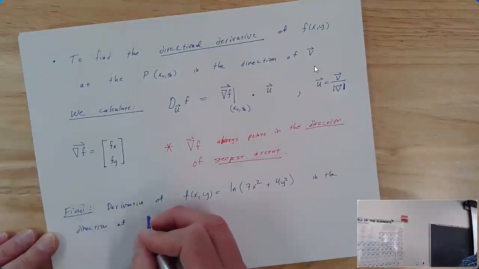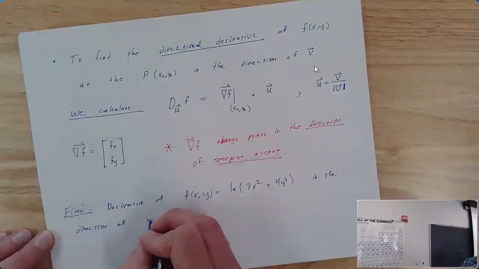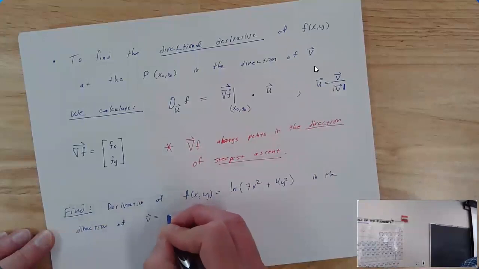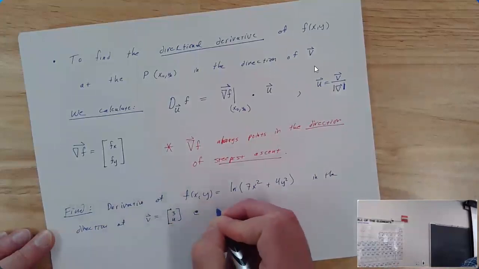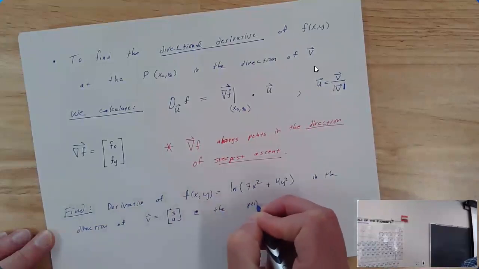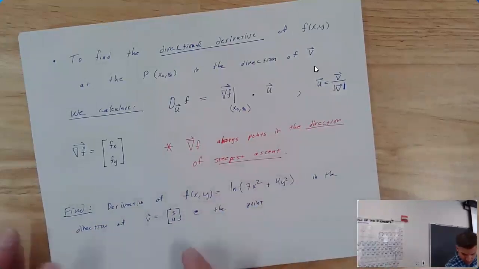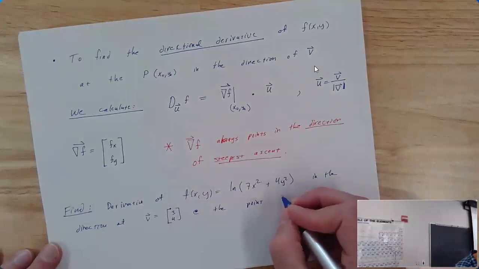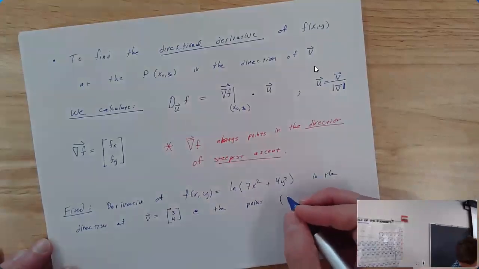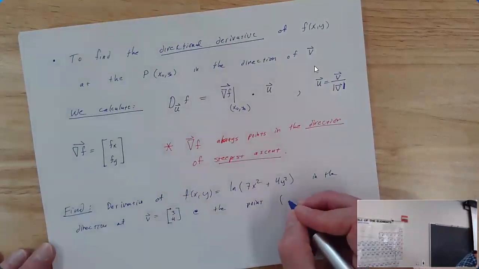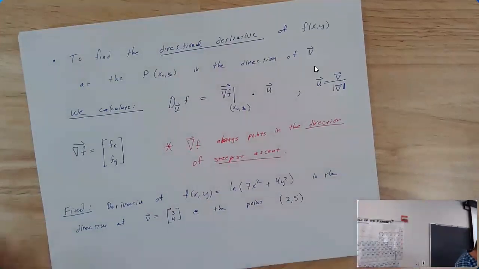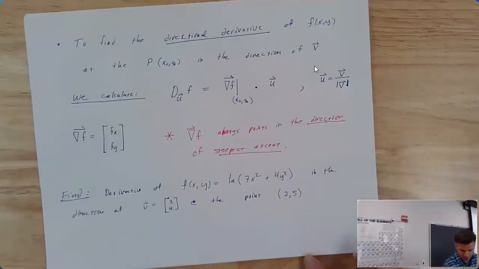Let's make it nice and easy. We'll say v is the vector 3, 4 at the point 2, 5. All right, so we want to calculate this thing.